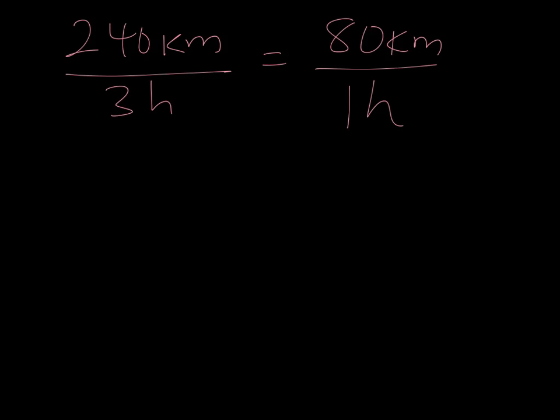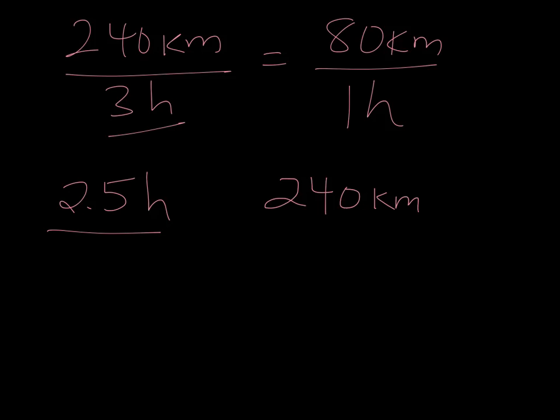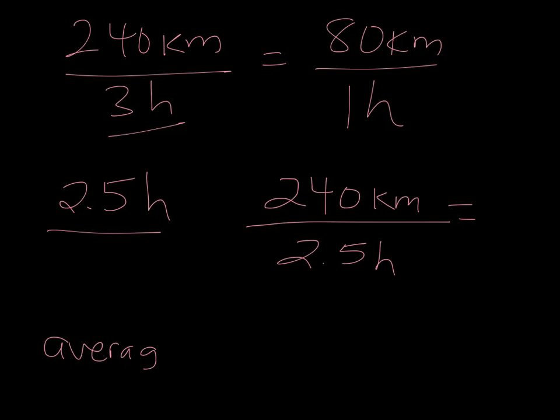Now, what if I said, suppose it took me 2.5 hours to drive the distance? What would the average rate be then? So instead of 3 hours, now it's 2.5. So again, I just set up my proportion, set up my equivalent rates, 240 now in 2.5 hours. And I'm trying to find the average rate again, which means per 1, which means down here per 1 hour.